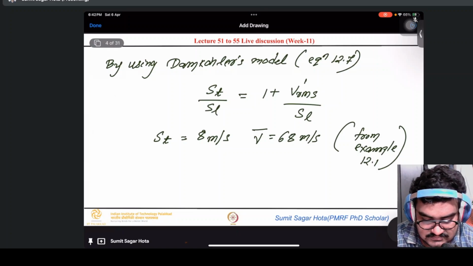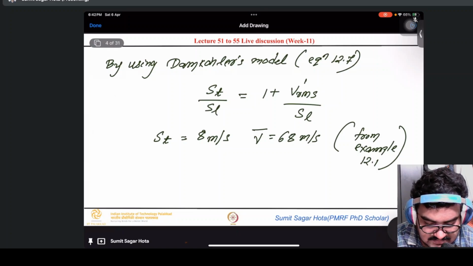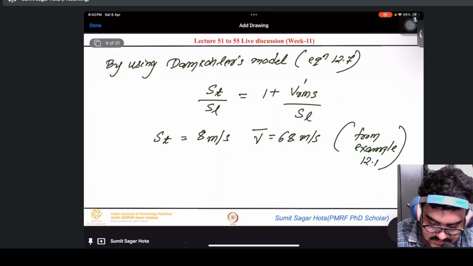Okay, so now we have to find v_rms prime from the above relation, especially from equation number 1.